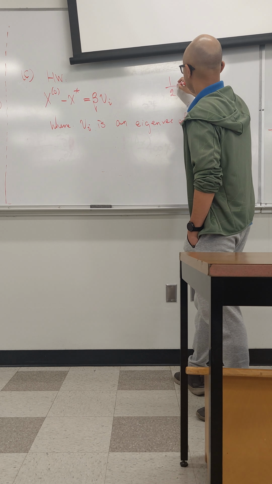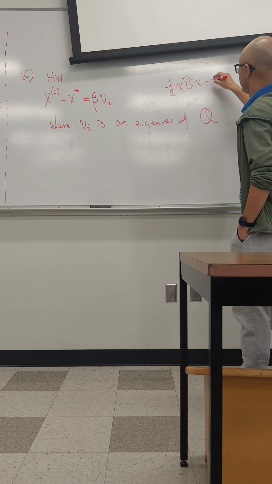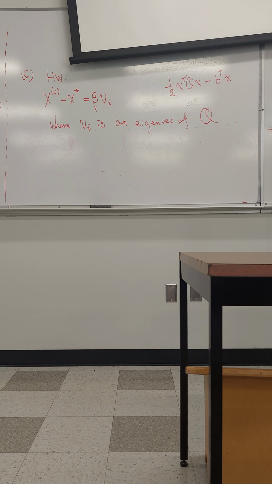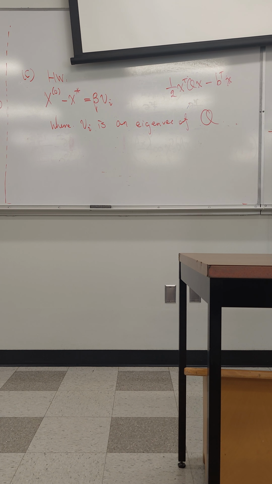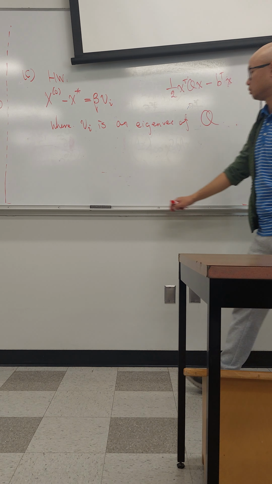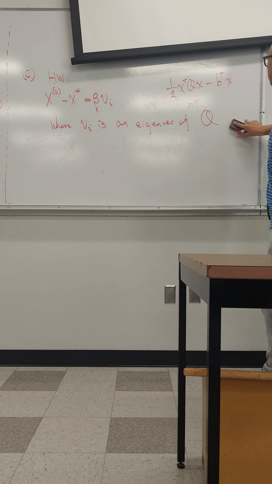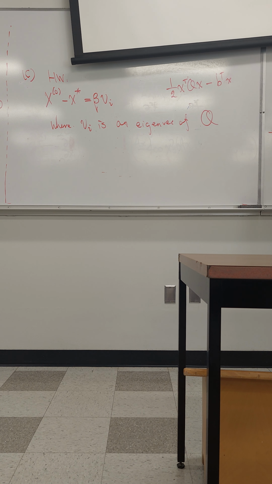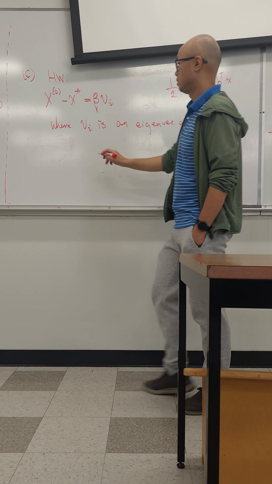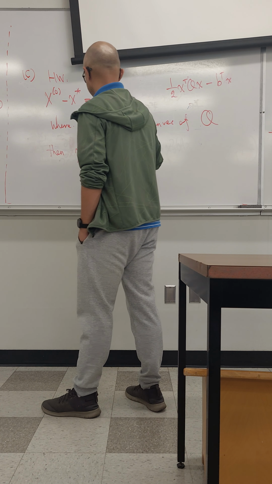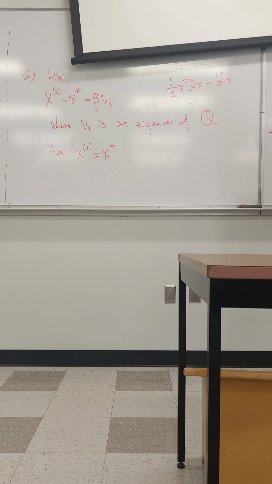Q is the Q in 1/2 x transpose Q x subtract Bx. Then, we derived, if we apply the steepest descent one time, we will reach the local minimum.